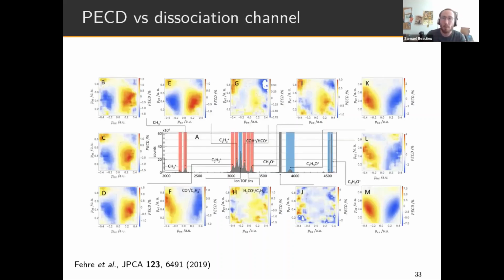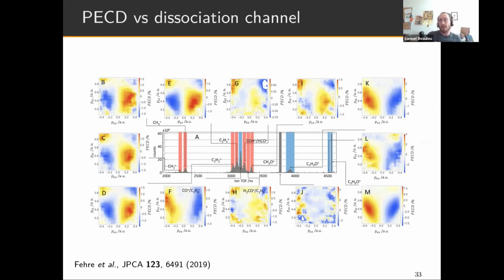And moreover, the same group, using the same molecule in the same apparatus, so the COLTRIMS again, has shown that PECD is also strongly dependent on the dissociation channel, also for the case of methyloxirane.